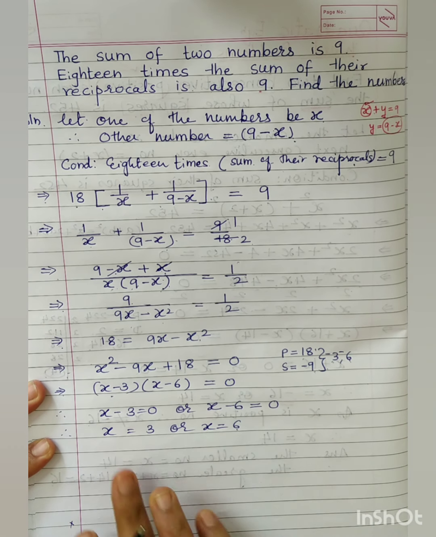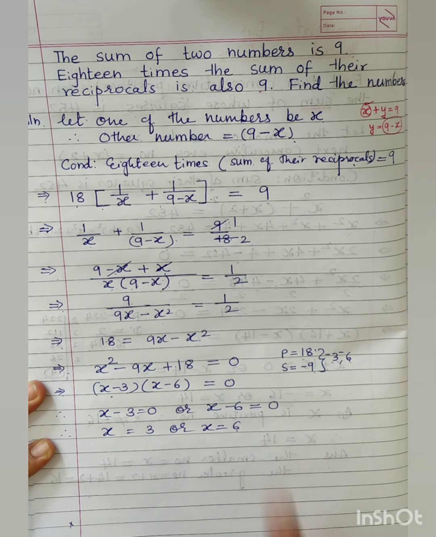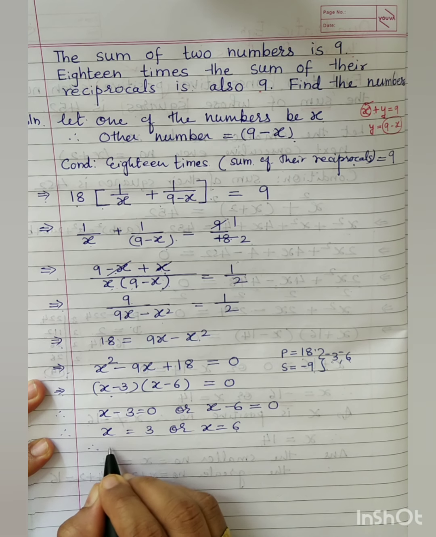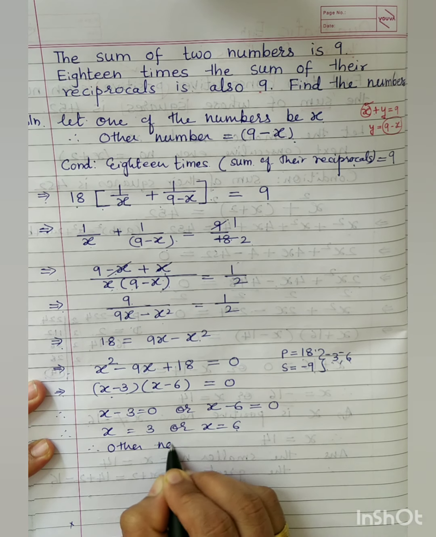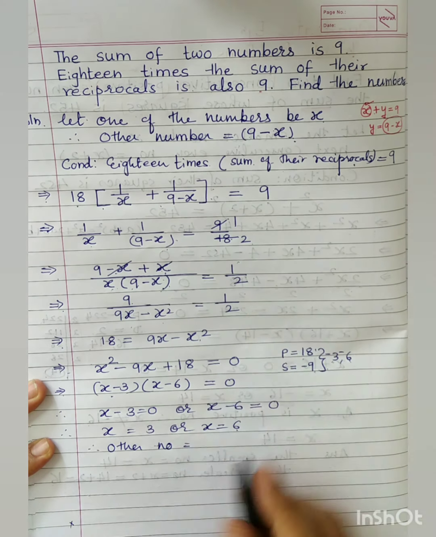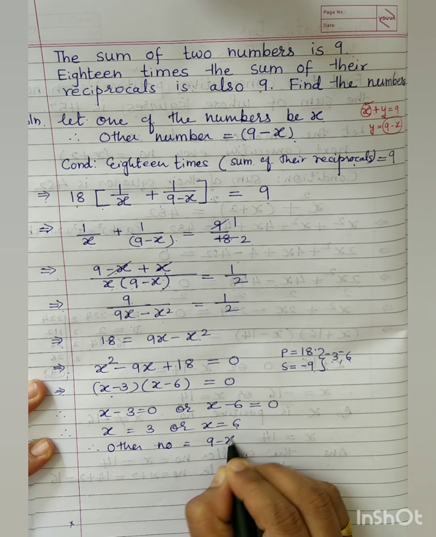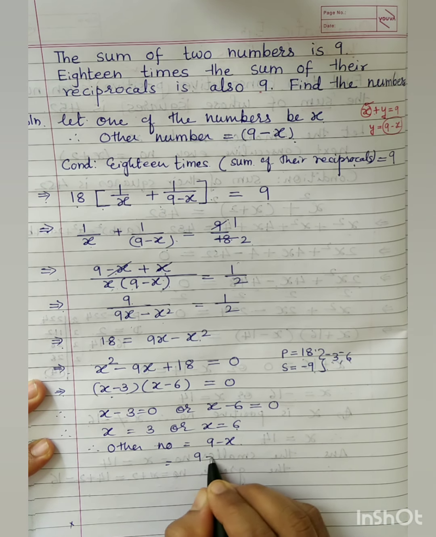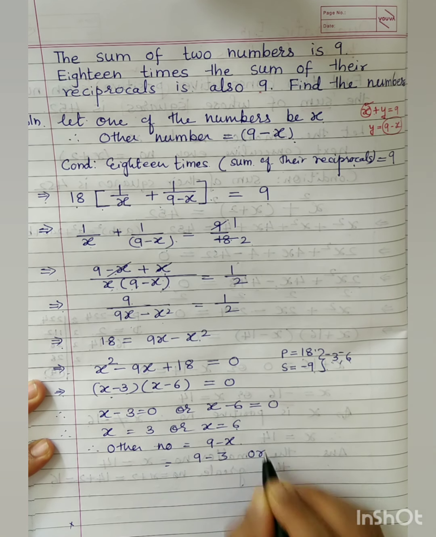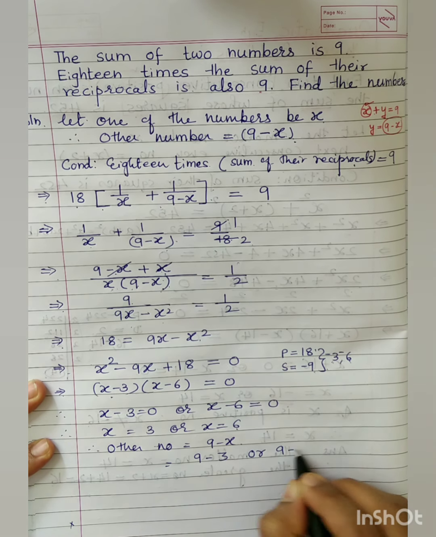So one of the numbers is either 3 or 6. We need to find the other number also. The other number will be 9 minus x. When x is equal to 3, it is 9 minus 3, or when x is equal to 6, it is 9 minus 6.